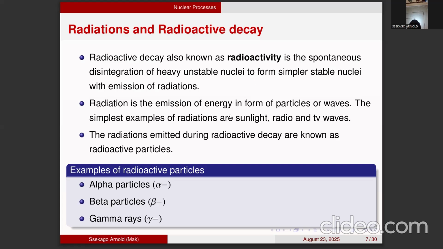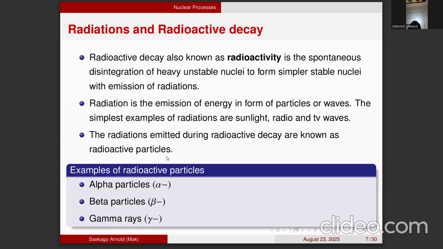The simplest examples of radiations you can think about are radiations of sunlight, and radio and television waves. Radiations can also mean electromagnetic rays. Radiations emitted during radioactive decay are known as radioactive particles.